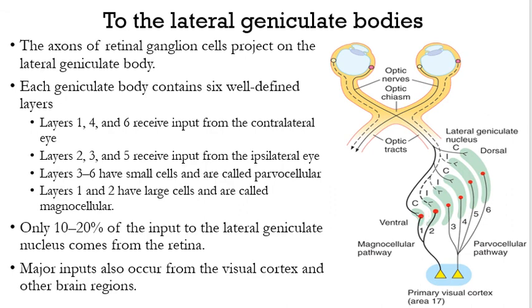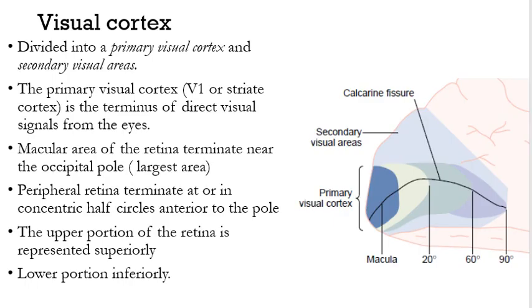What about the visual cortex? The visual cortex is divided into the primary visual cortex and the secondary visual cortex. The primary visual cortex, V1, looks at those that terminate direct visual signals.